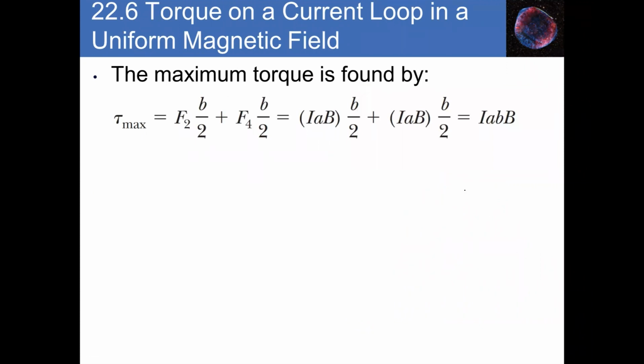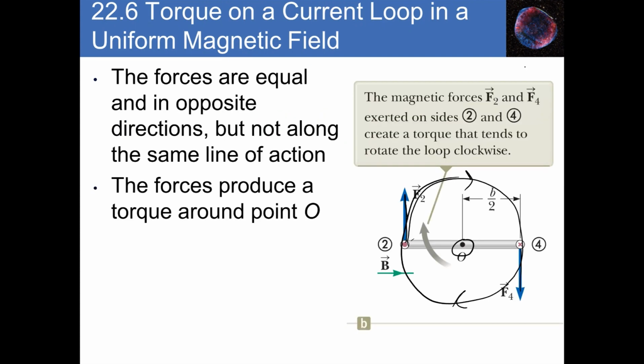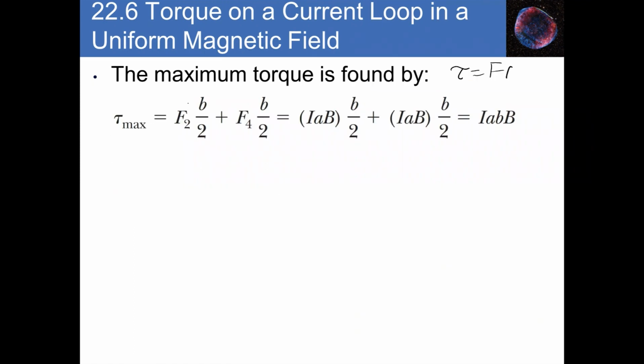Remember, the equation for torque was force times r. This side was length b, and both forces have a b/2 distance with respect to the pivot point. So force 2 times distance b/2, plus force 4 times distance b/2.